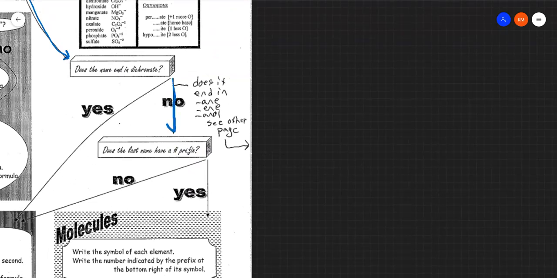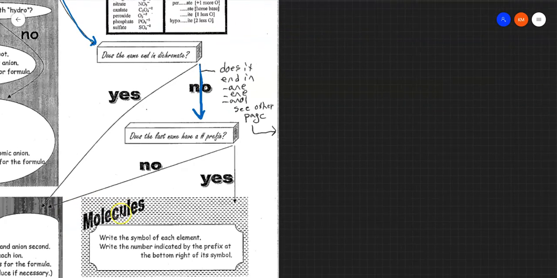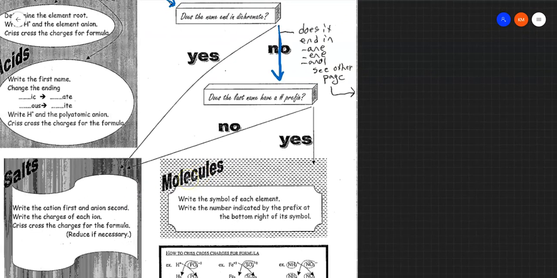So no. Does the last name have a prefix? It does not. It's just chloride. There's no mono or di or anything like that. So nope. So we're here.